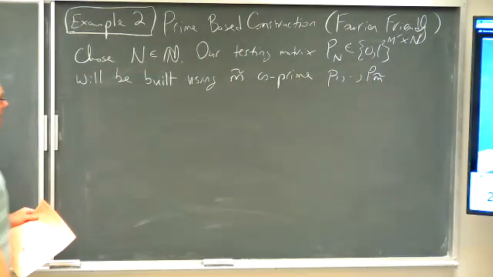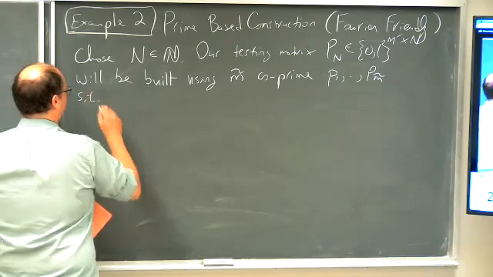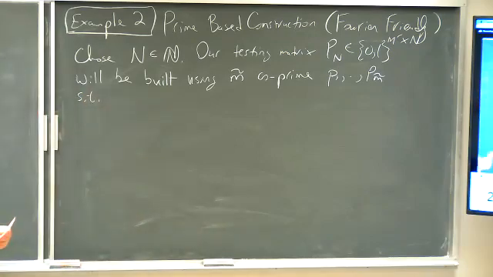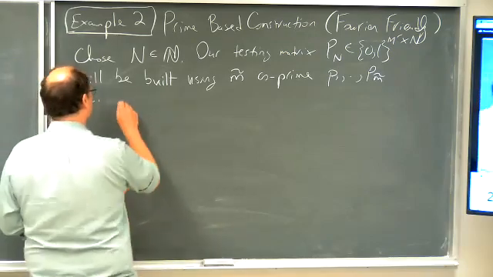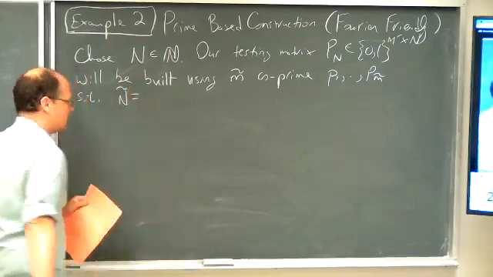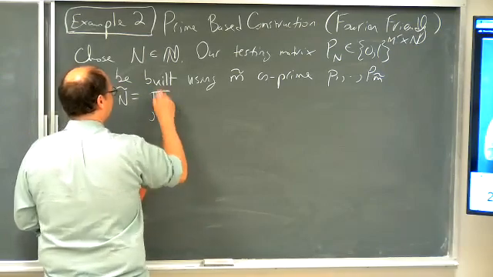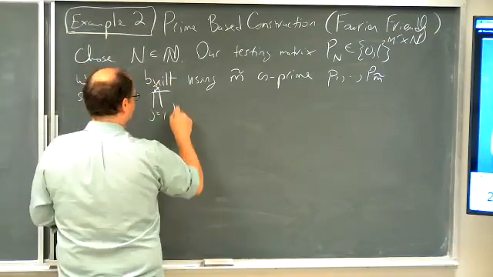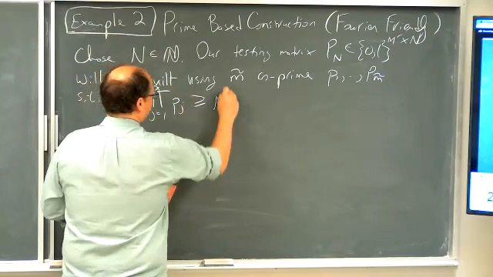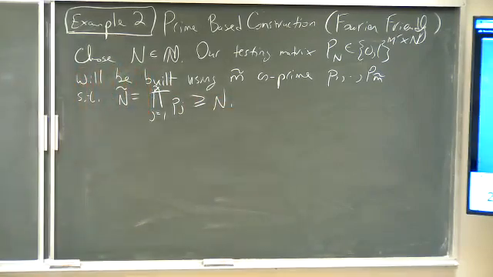Okay, and I just want to make sure that these numbers have a product that's bigger than n. So I'll maybe say n tilde is their product. And I just want to make sure that that's at least as big as n. And that's all we sort of need here.